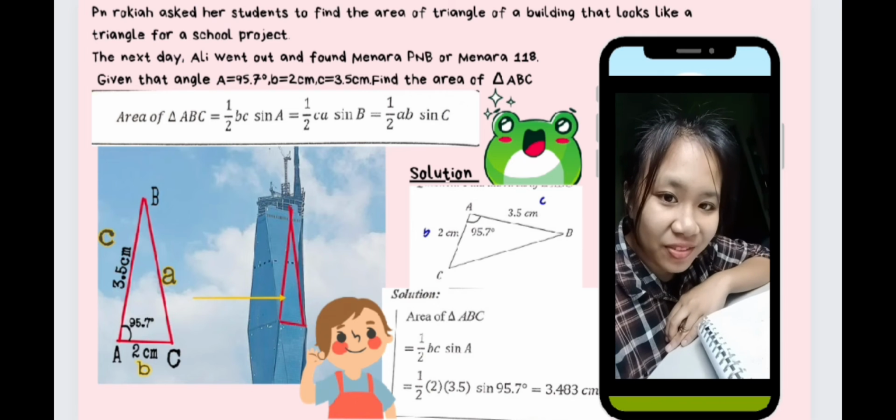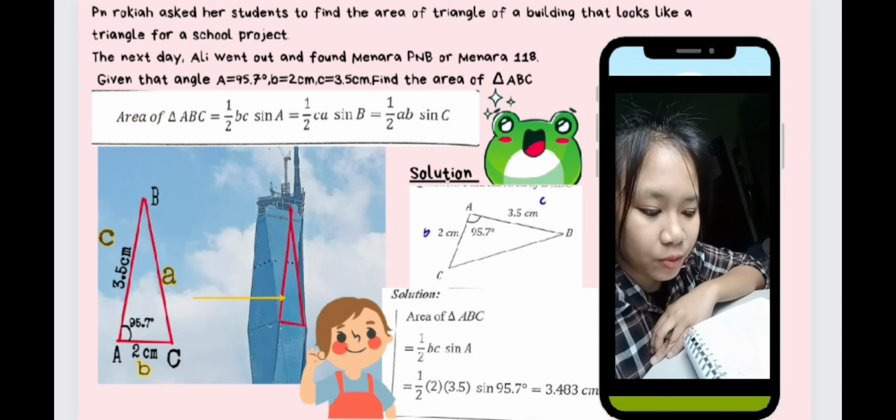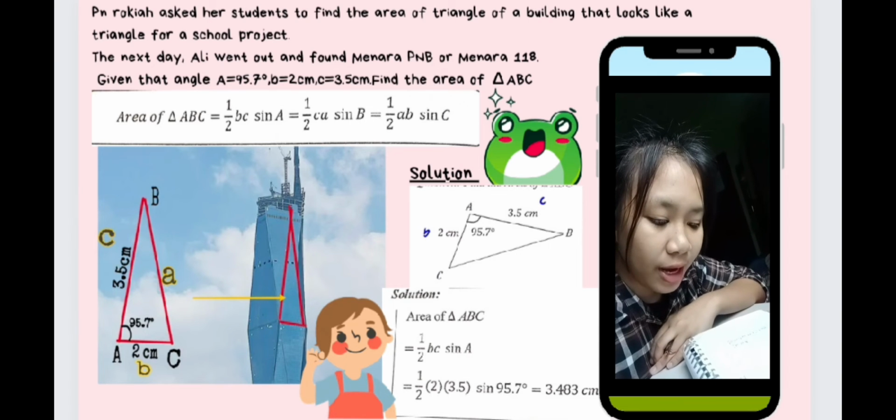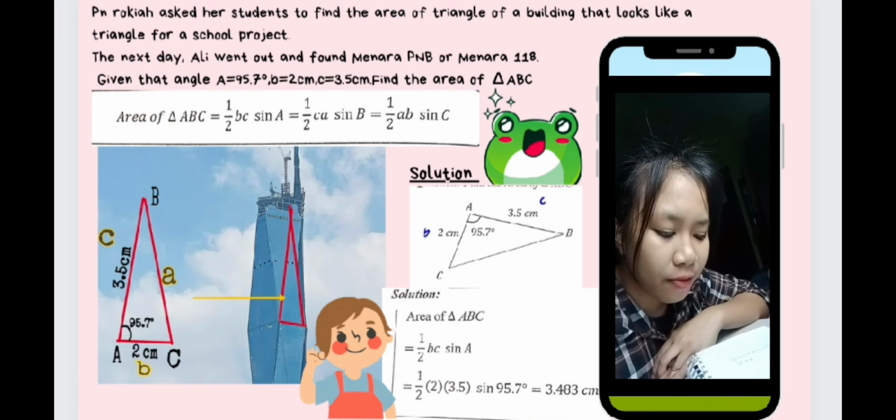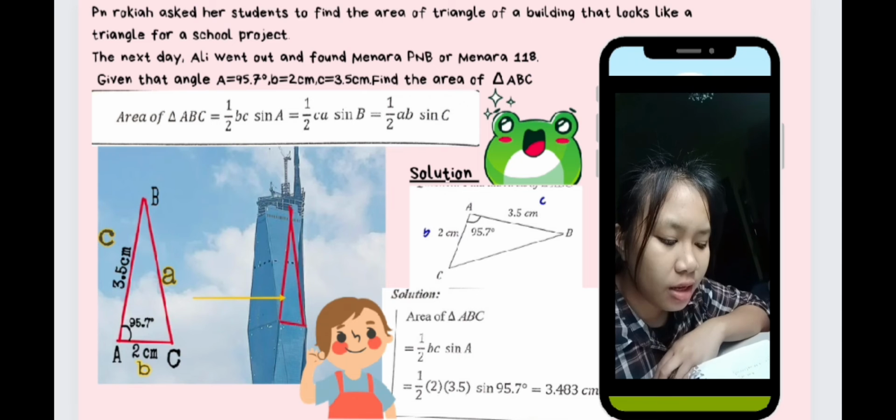Figure this out with me. Line A to B or C is 3.5 cm, where A to C or B is 2 cm, angle A is 95.7 degrees.